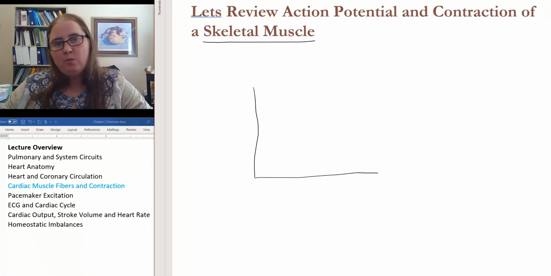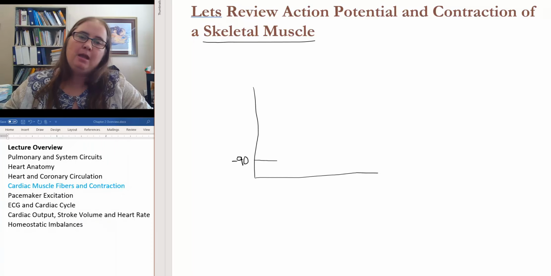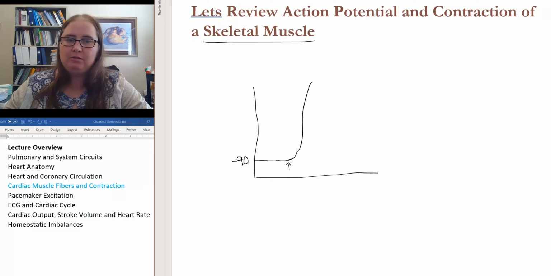We have our cell at a resting membrane potential. Just kidding, minus 90 in a muscle. Okay, and what's going to happen is we get a stimulus here that causes a depolarization. Okay, at the peak, we get a repolarization, and we go back to baseline.